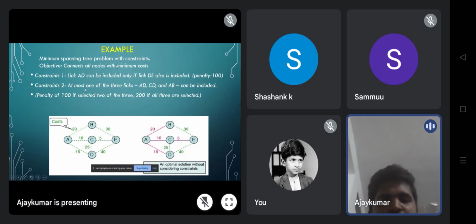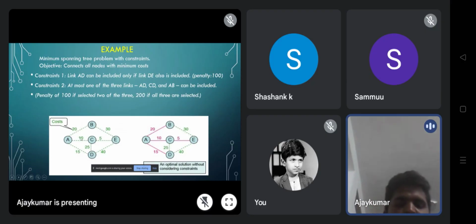The next constraint is at most one of these three links AD, CD, and AB can be included. If all three edges are included, then there will be a 200 penalty. If only two among these are included, then there will be a 100 penalty. This is our problem statement.